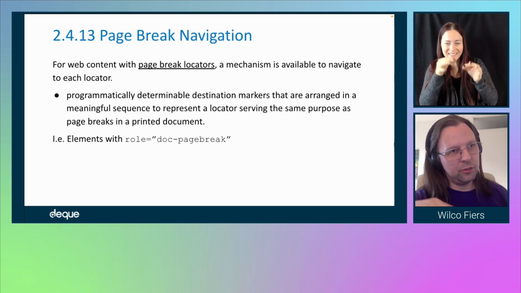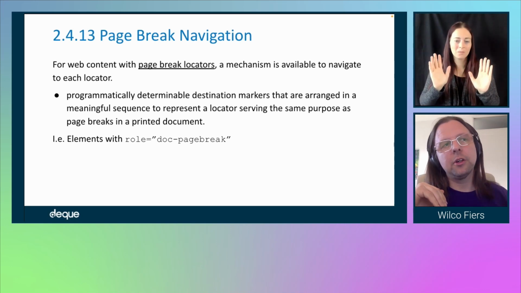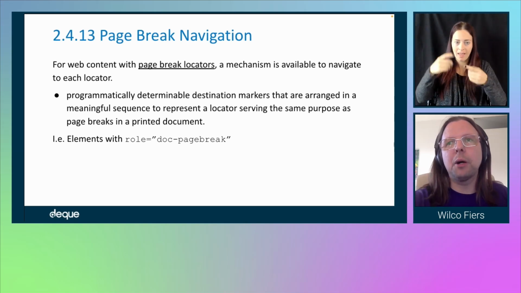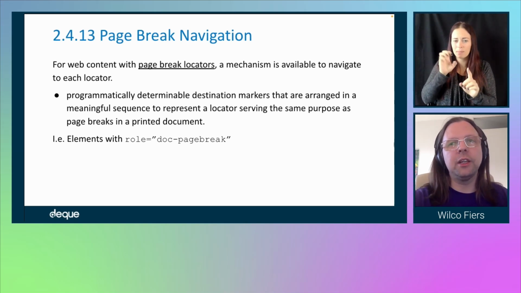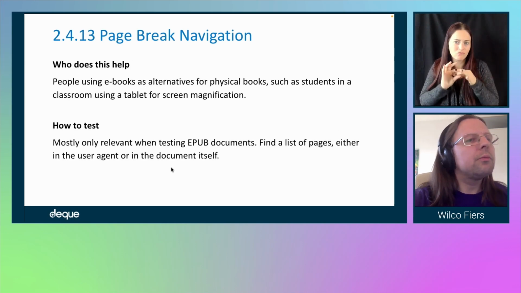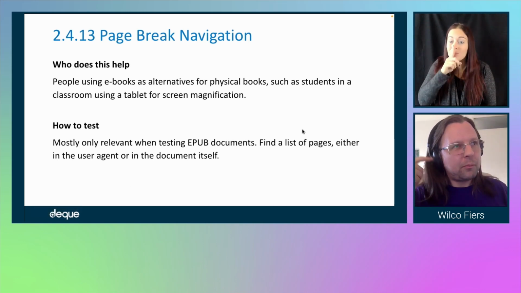What that means is role doc-pagebreak. This is a technology that comes from EPUB, and usually this success criterion is mostly relevant to EPUB. Who is this for?